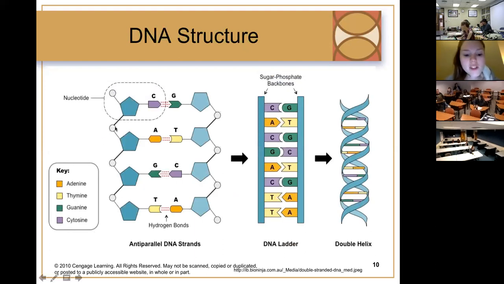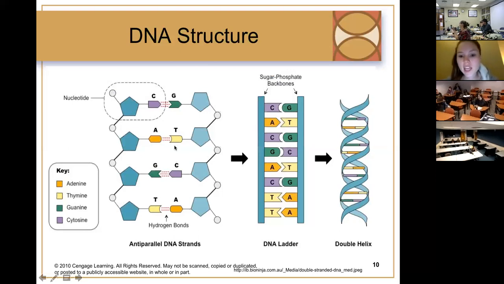So how this works is that you have a nucleotide, which consists of your base, that sugar, and a phosphate group, and you have a bunch of those. You have this sugar backbone, and then your bases are joined in the middle. In DNA, cytosine is always going to be paired with guanine, and adenine is always going to be paired with thymine.